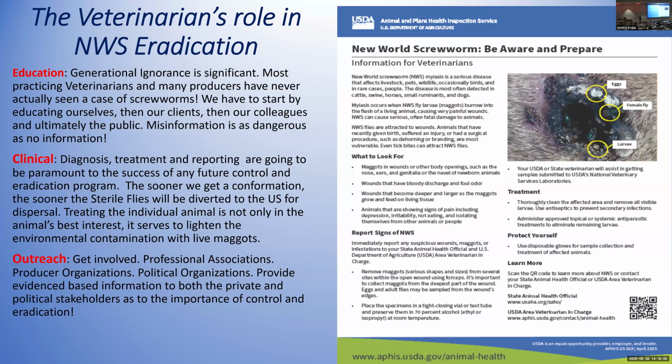Number one, first thing we're going to have to do is get control of it. And then the second goal is to re-eradicate it. So we're going to have our legislators, state and federal, both on board to back us up. This is a federal problem to fix.